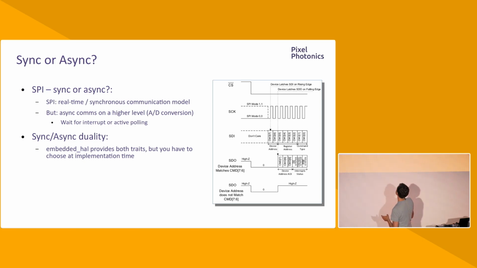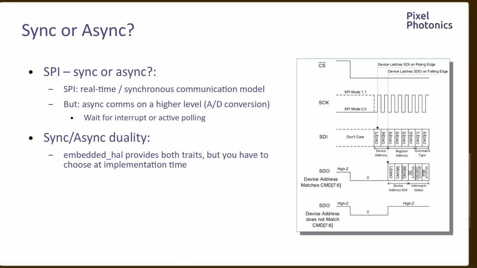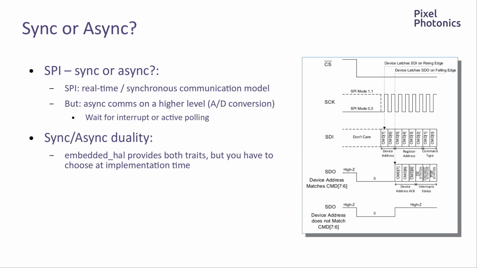For instance, you write 8 bits, and by the time you have written the first 2 bits, the chip already decides what it will send out on its output line. So after writing these 8 bits with your fixed clock rate, you will already have the 6 answer bits in your input buffer. So it's very synchronous, a real-time operation, essentially. The clock rate is fixed.